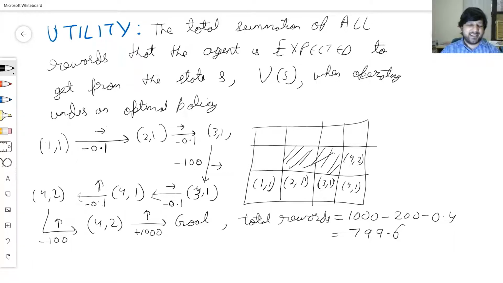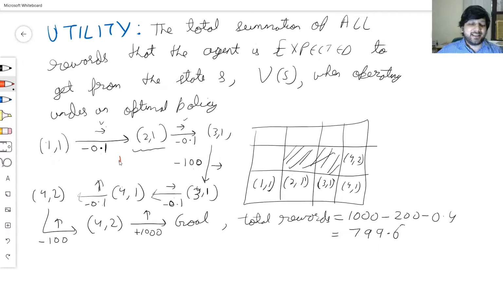Now I don't say this is the utility, for one reason: if I follow exactly the same sequence again, I'll take the same actions as told by someone very knowledgeable, so my actions will remain the same because somebody very knowledgeable is telling me which is the best action to take. But where do I reach?